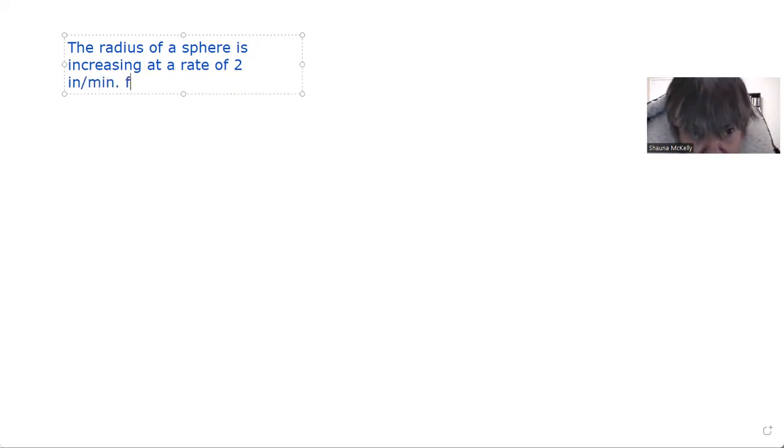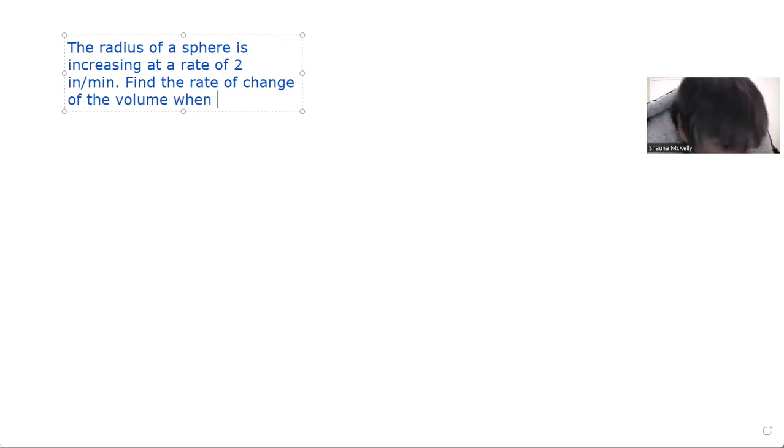Find the rate of change of the volume when the radius is 6 inches.